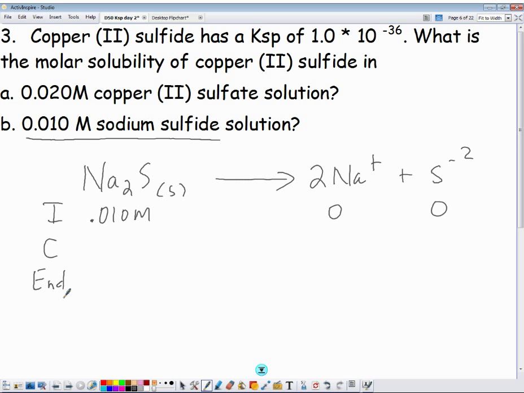Stephanie, what do I put underneath my 0.01 if it's all going to dissolve? All of it's going to dissolve, not just some of it. Minus 0.01. Alyssa, what do I put under the Na plus?